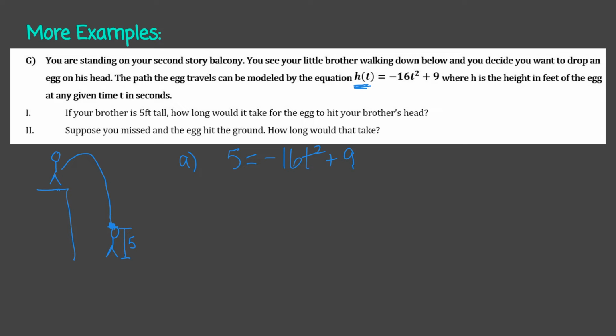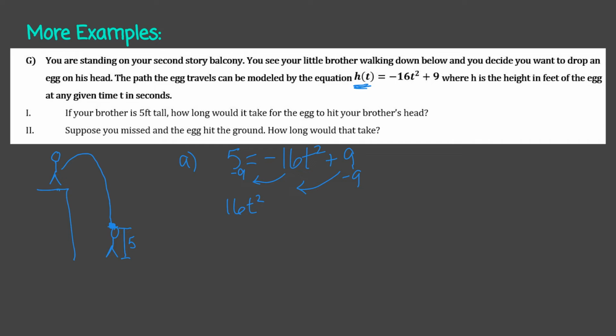So you need to get everything on one side. Now I'm going to go ahead and move these guys over here. And so you'll have a plus 16t squared, or a positive. That's why I'm moving it over there, so that that would become a positive. When I subtract 9 over here, that's going to give me minus 4.